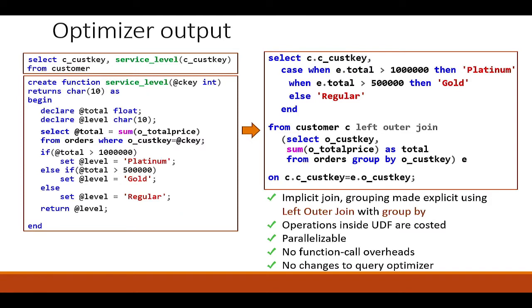One other important thing is that we were able to achieve all this without changing the query optimizer at all. For us, the query optimizer was a black box. We didn't have to touch it. All we did was change the input to the query optimizer by taking the UDF and translating it into a form that the optimizer can understand. That is all we did in this process.